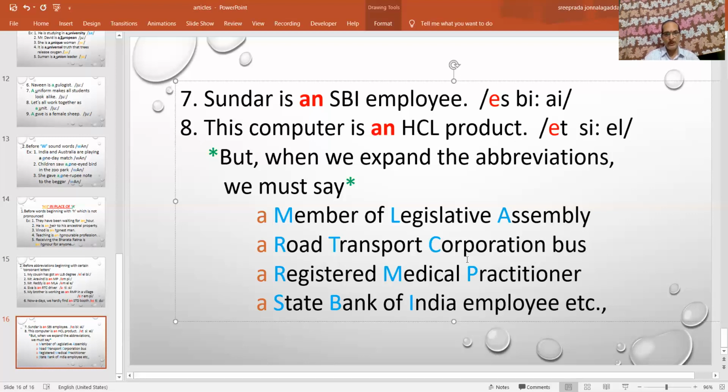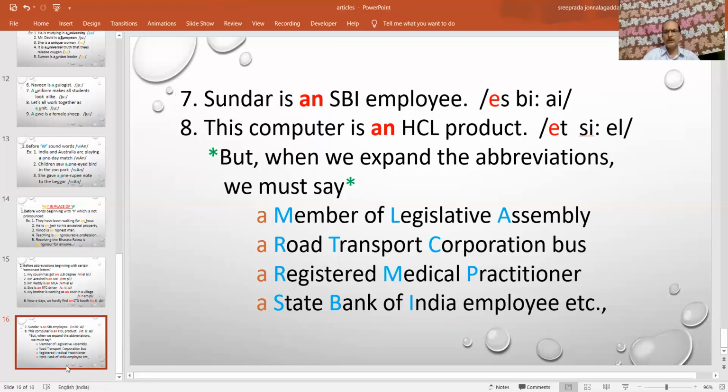That's why you have to use a here. Similarly, a State Bank of India employee, not an State Bank of India employee. That is wrong. But when these words are used together as an abbreviation, we can say an SBI employee.